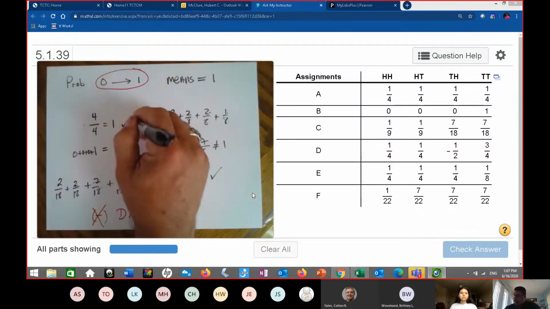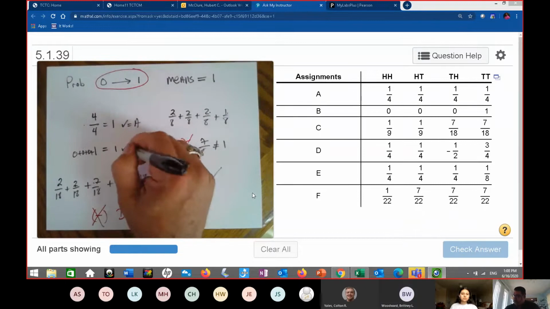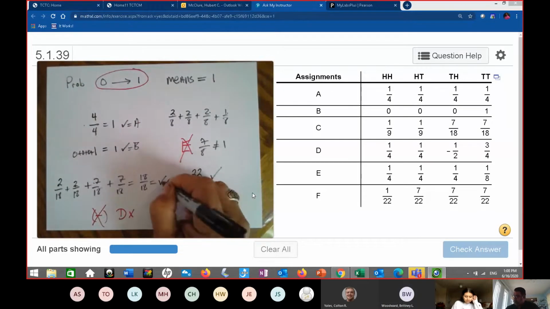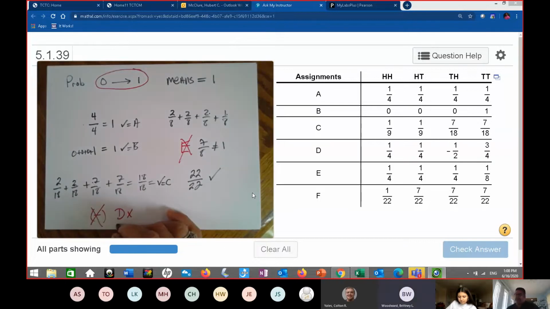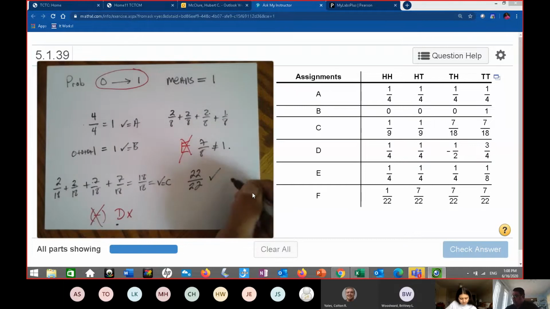So A is good, B is good, C is good. Did we say D? D is not good. Sorry. D is not good. E is not good. And F is good. And this is not only a standardized test question, it's a Hubert test question.